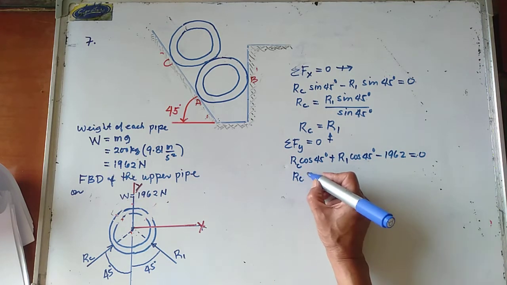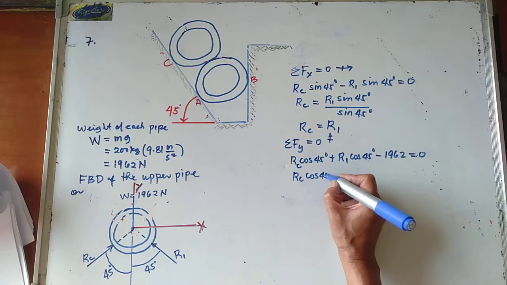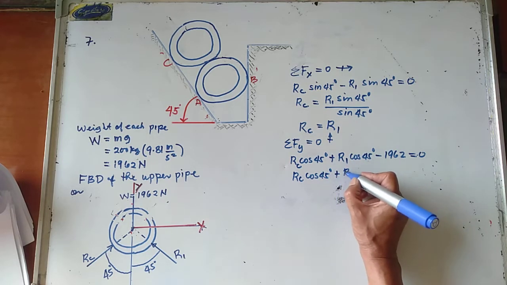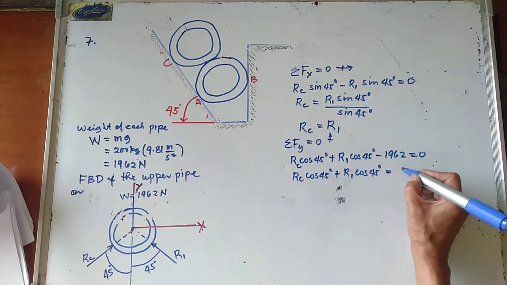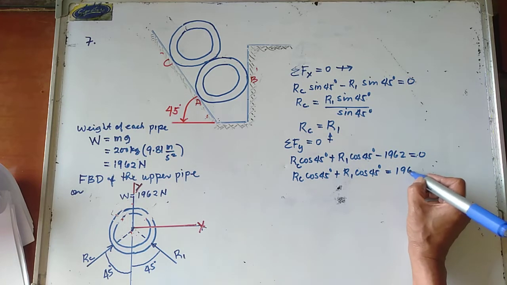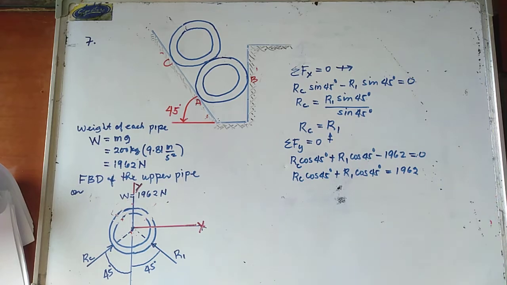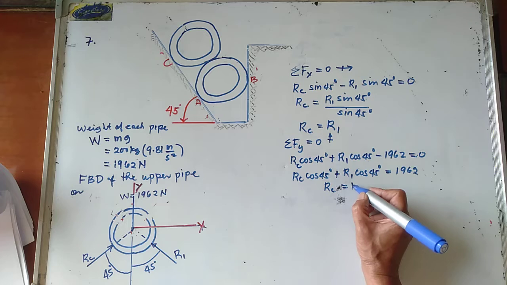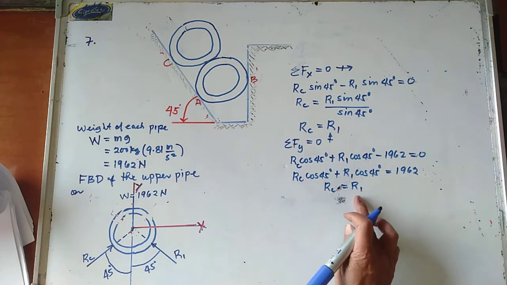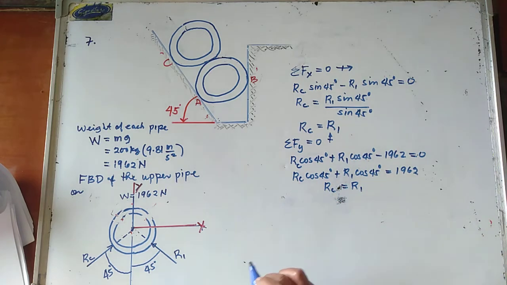So RC cosine of 45 degrees plus R1 cosine of 45 degrees is equal to 1962 newtons. Now, RC is equal to R1, or R1 is equal to RC.